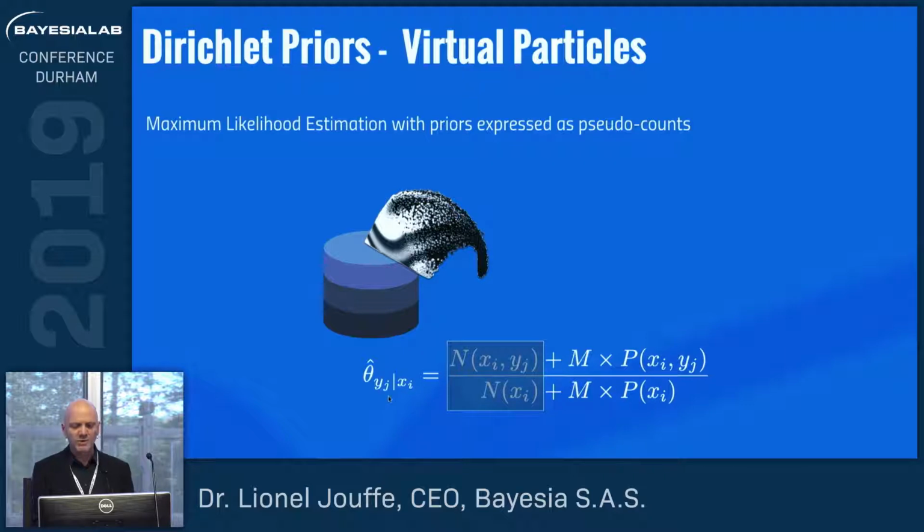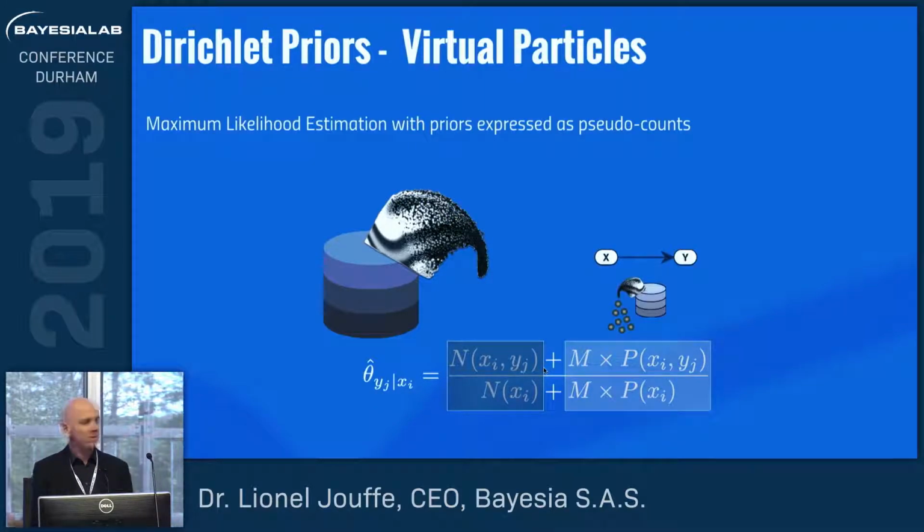I want to estimate the probability of y given x. So I'm using the classical formula for that. Just remember your 101 statistical course. This is a formula that will allow you to maximize the likelihood of this hyperparameter. We are just counting how many xi, yj divided by the number of xi. But when you have prior, you can also mix in virtual particles that you're going to generate via your Bayesian network.